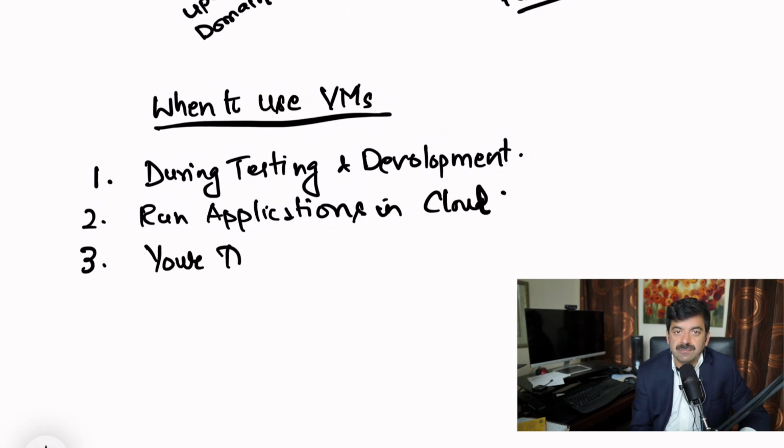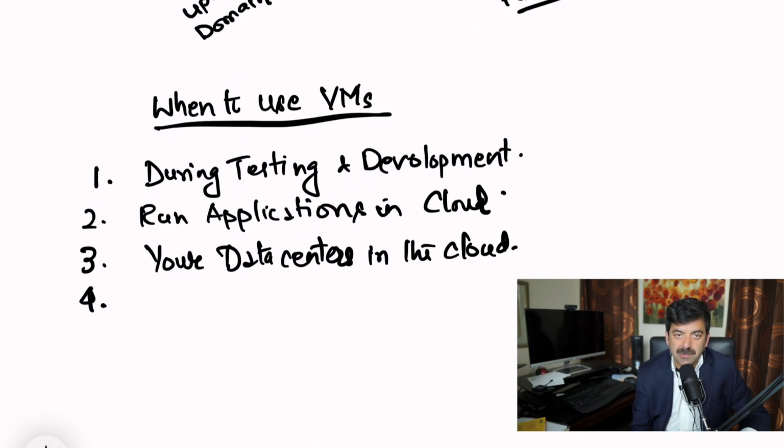The third scenario is you want to set up data centers. Data centers take a lot of hard disk and require a lot of hardware. So you can set up your data centers on virtual machines in the Azure environment. And the fourth scenario is your disaster recovery mechanism.